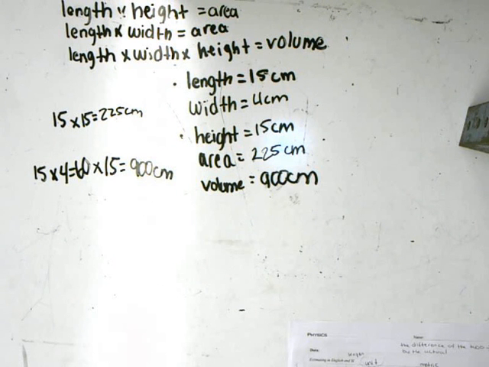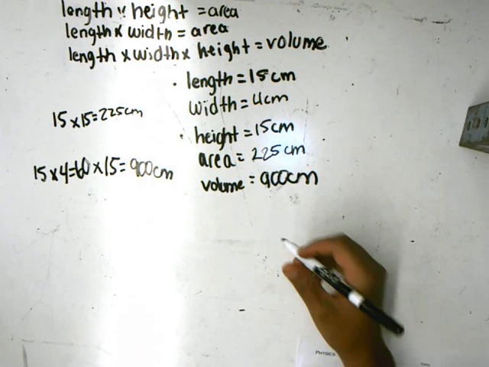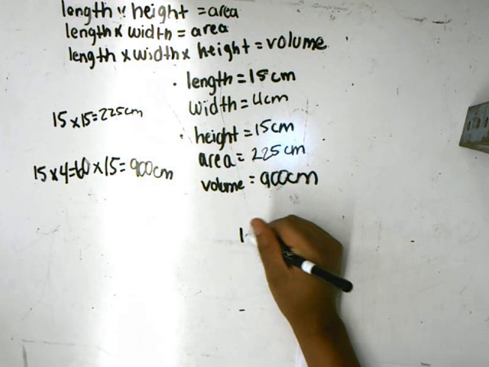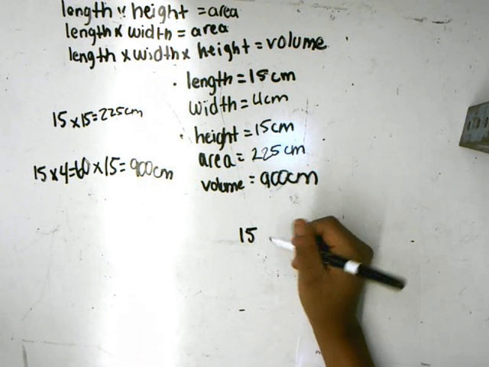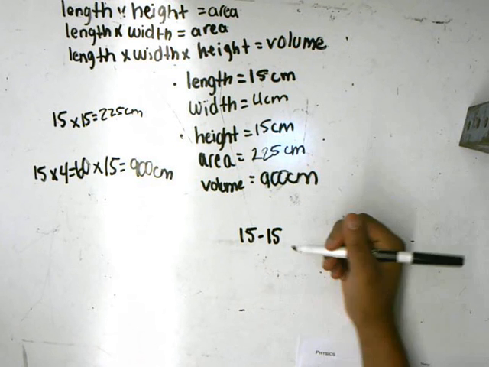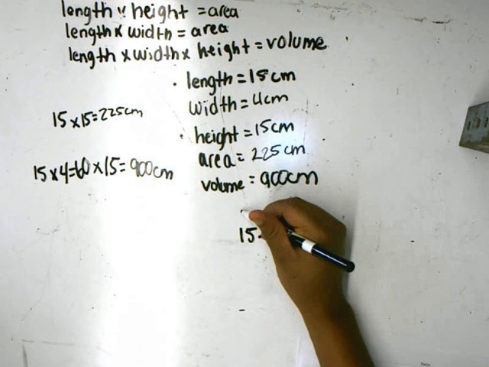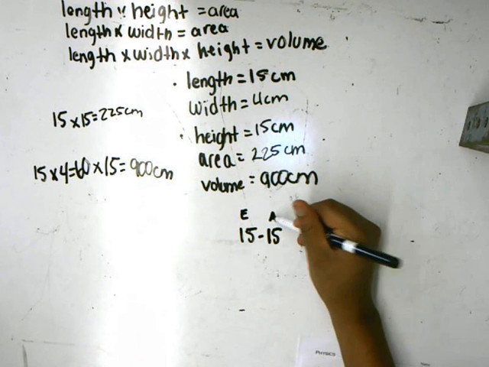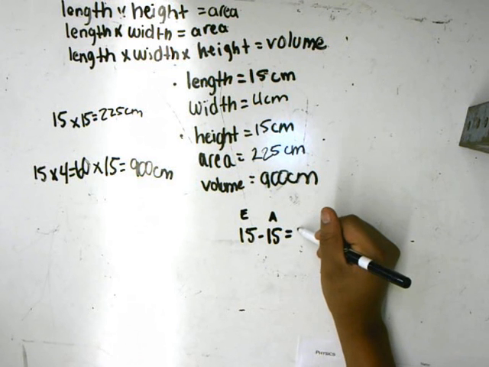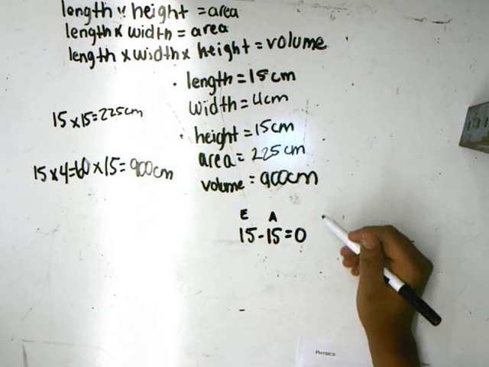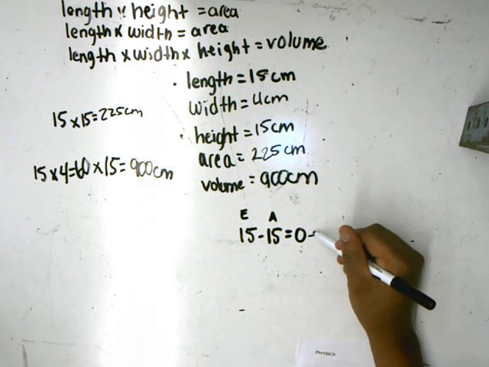So this is my estimated, and this is my actual. And I'm going to find the difference of the two, which is 0. Now I'm going to divide that by the actual, which was 15, and I'm going to get 0. So for my length, I estimated 15, and my actual was 15 centimeters. So my percentage error is 0.